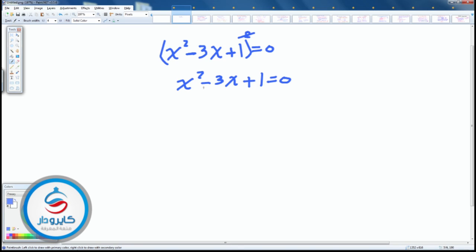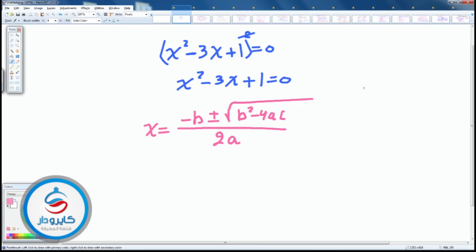To find the value of x, we can't factorize this expression, so we are going to use the formula. The formula is x equals negative b, positive or negative square root of b squared minus 4ac, over 2a, where a equals 1, b equals negative 3, c equals 1.